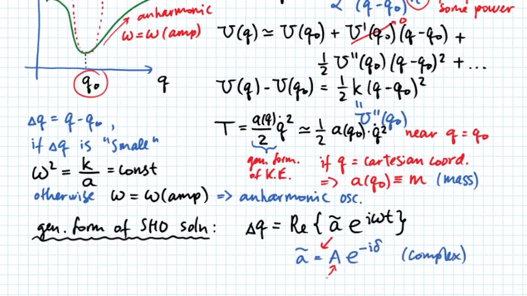Capital A is the amplitude of the oscillations, and delta is the phase determined by the initial conditions.